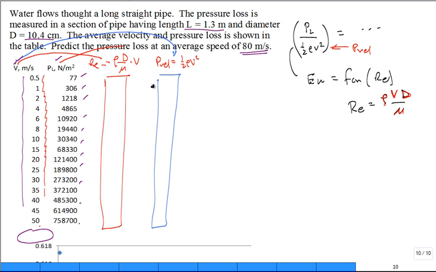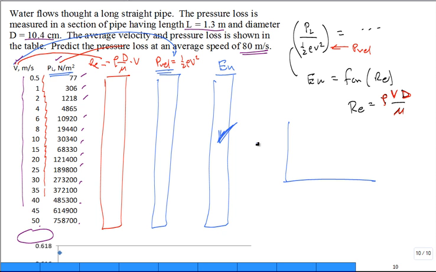Intermediate step. Then I'll take the pressure loss and divide it by the velocity pressure, and I'll get the Euler number. And I'll take this data, the Euler number, on the y-axis, and the Reynolds number on the x-axis, and I'll look at how it plots.